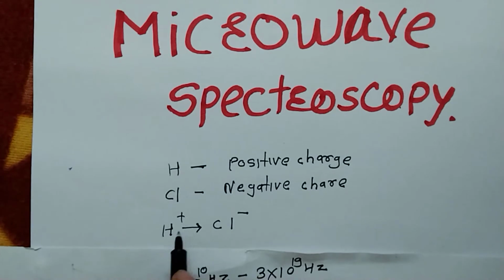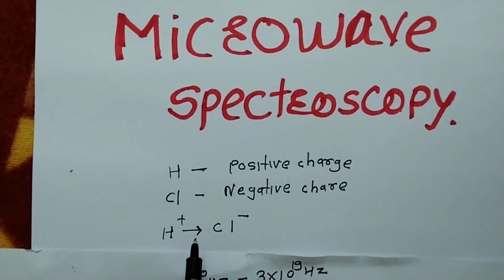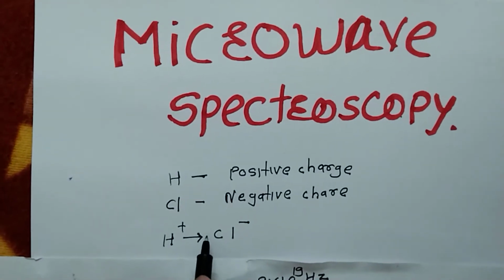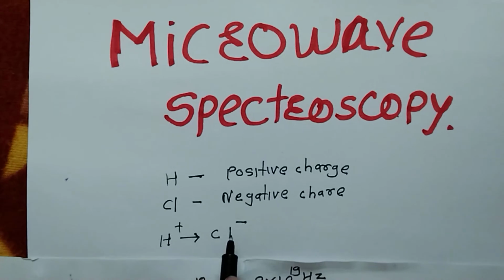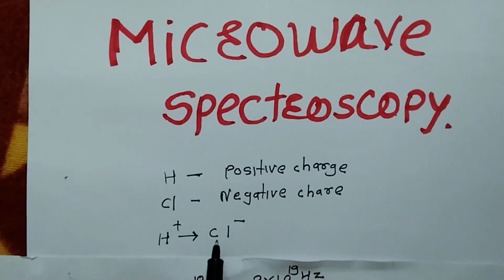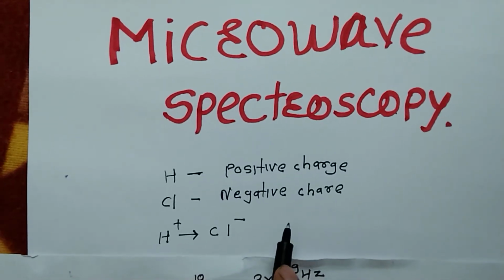The current flows from H to Cl. It is separated by different charges, so it is called a polar molecule and it has a dipole moment.